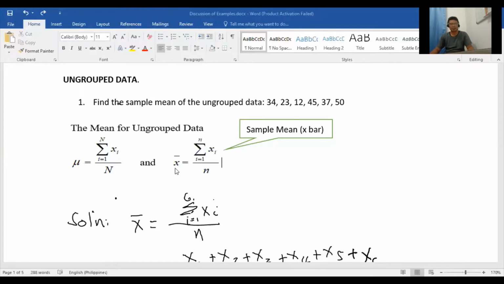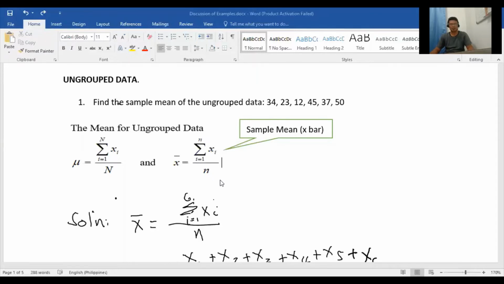The sample mean can be computed as x bar is equal to the summation of x sub i, where i ranges from 1 to n, all over n. Your n here and n in the upper limit of your summation notation are the same. They denote the number of samples or data in the set.